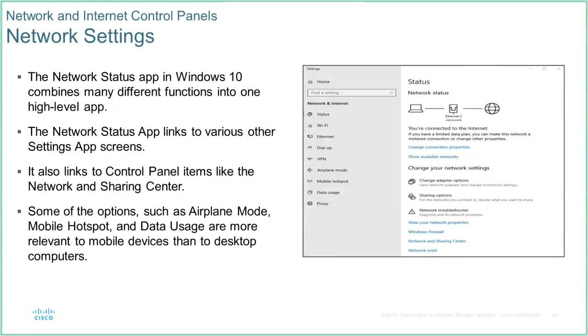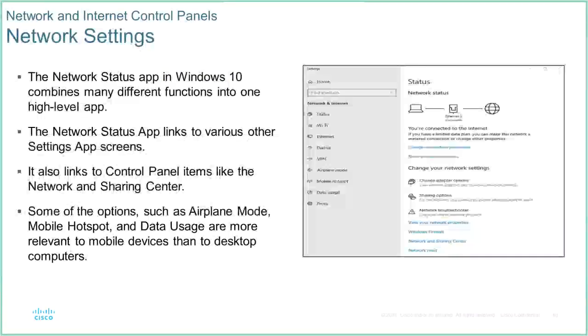Network settings, this is where we come in and change our various IP addresses and adapters, and we can set up VPNs. We can look at what the current status of our connection is, whether it will give us connection off into the wild of the internet or whether it's just a local connection.